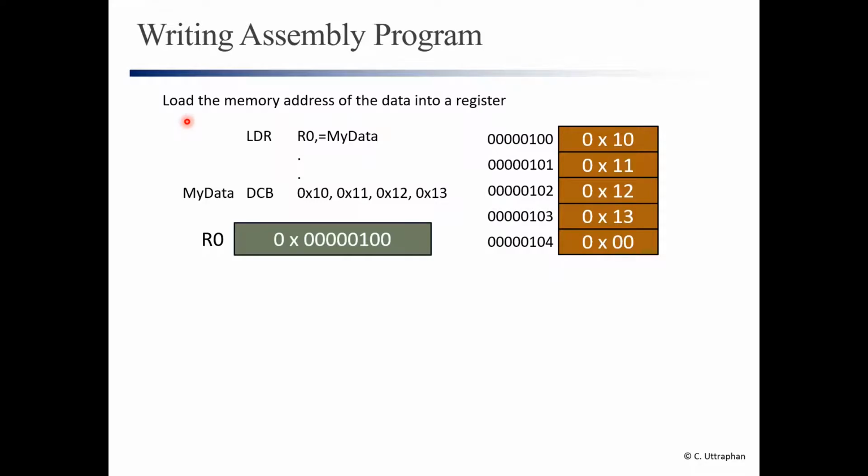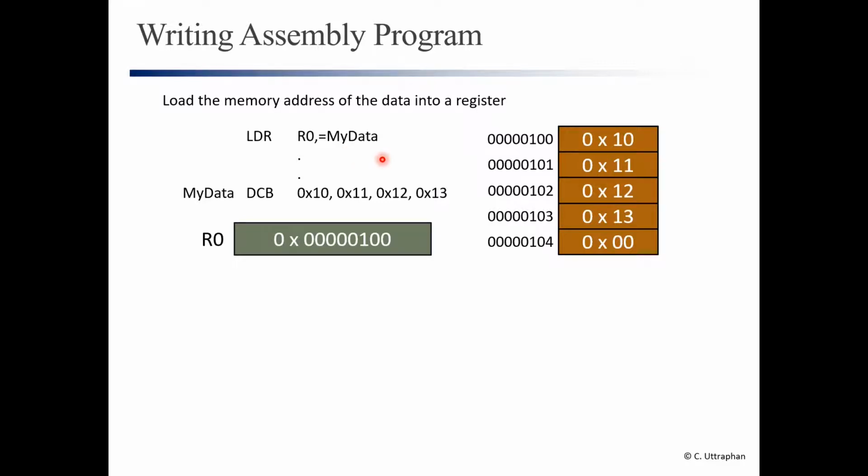Now, let's look at some of the useful techniques in writing assembly language. For example, how to move an address into a register. Let's say we want to load the first address of my data into R0. The instruction is LDR, R0, followed by =my data.